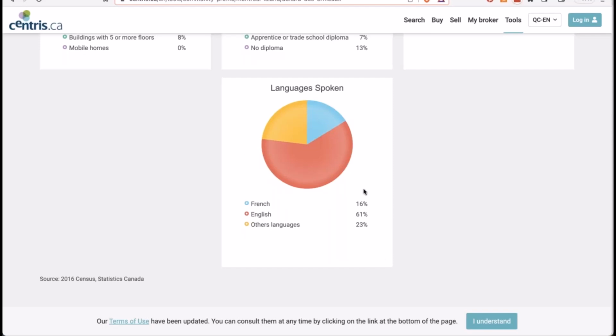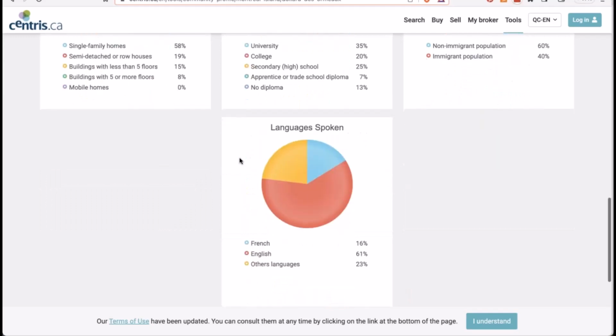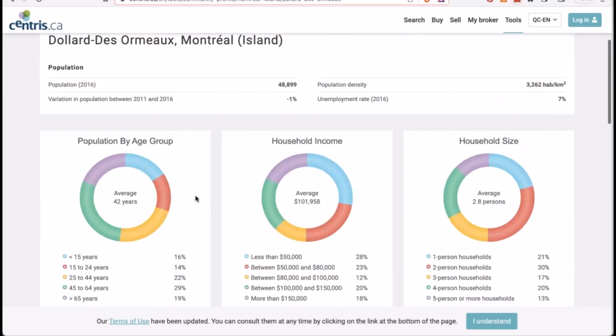But this is the information that's available to you and to them. So for you to share this information, you can either share the link, you can do screenshots and send them by email, print if you're printing. And this is based off the Statistics Canada census.